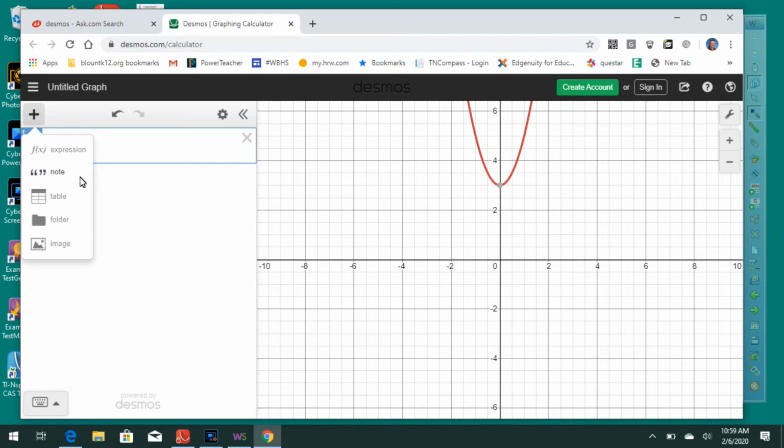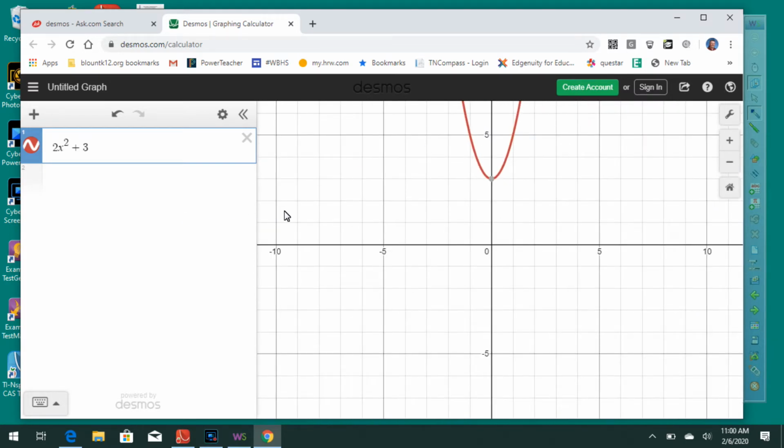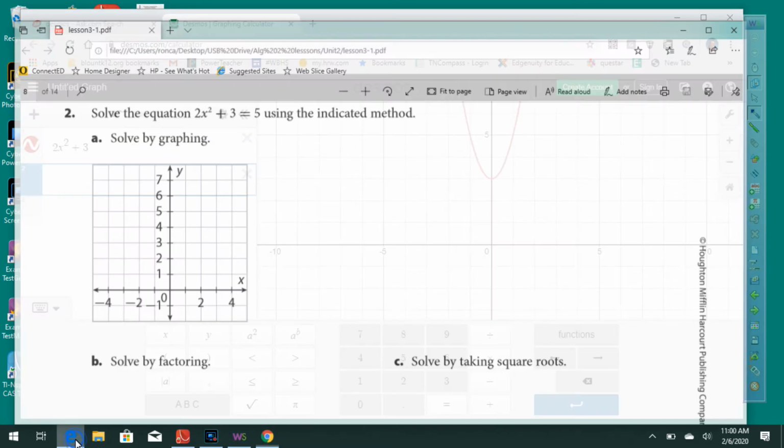You can add another line. What was the other number? 5.